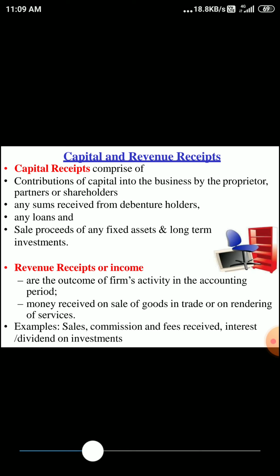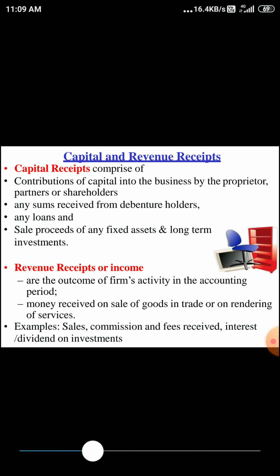Similarly, any sum received from debenture holders is not a revenue receipt. Remember, it is a capital receipt. Any loans you are receiving, generally if the duration of the loan is long-term or medium-term, we call that capital receipts.